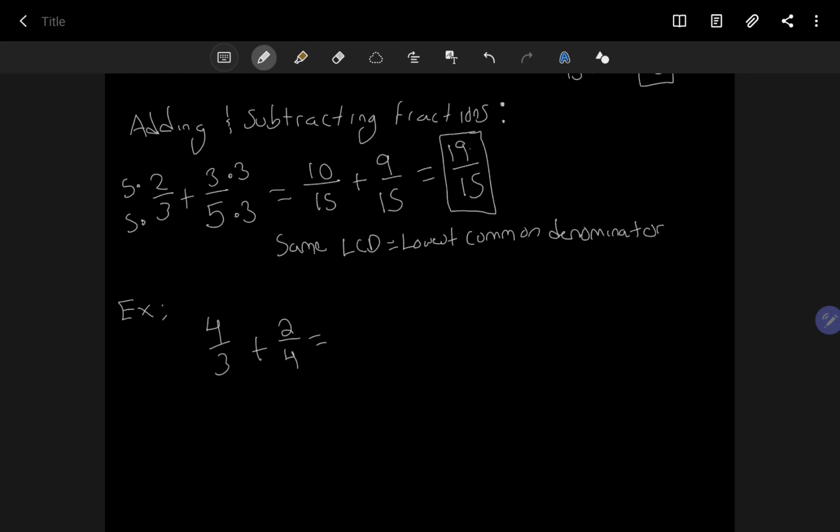So same thing, we want the same denominator. So we can multiply them by each other, or we can find the number that they both have in common. So 16 over 12 plus 6 over 12. I got 22 over 12. And this is the point where I can actually simplify it like we said. So 11 over 6.